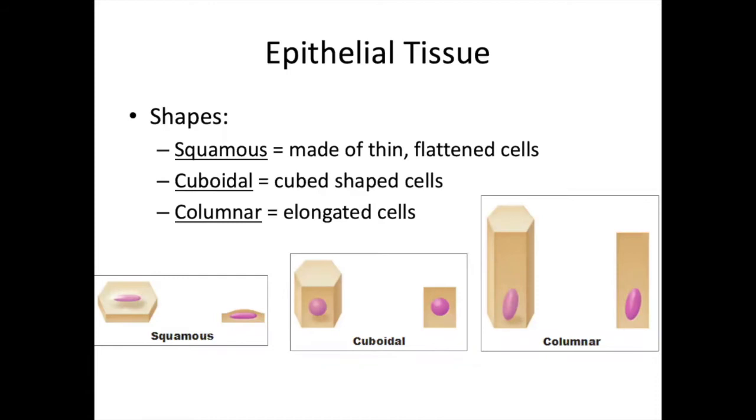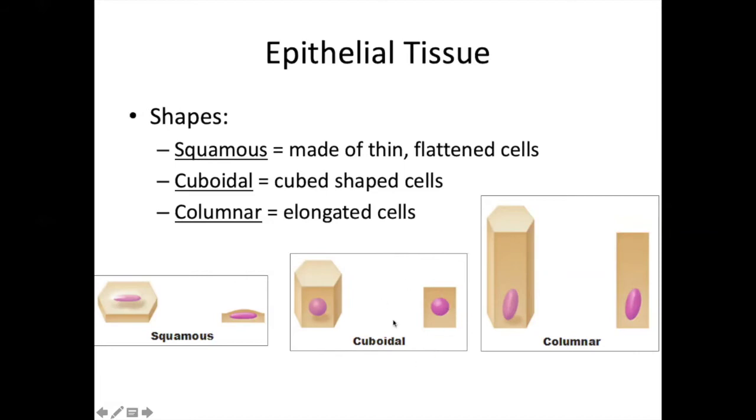Squamous sounds like squashed. If you look at this cell from the side, it looks like someone squished it. So squamous, squashed, it's flat. It's a thin, flat cell. And that is what your skin cells are made out of, and many other cells of the epithelial across your body. Then you got cuboidal, which is not going to be perfectly cube-shaped in your body.